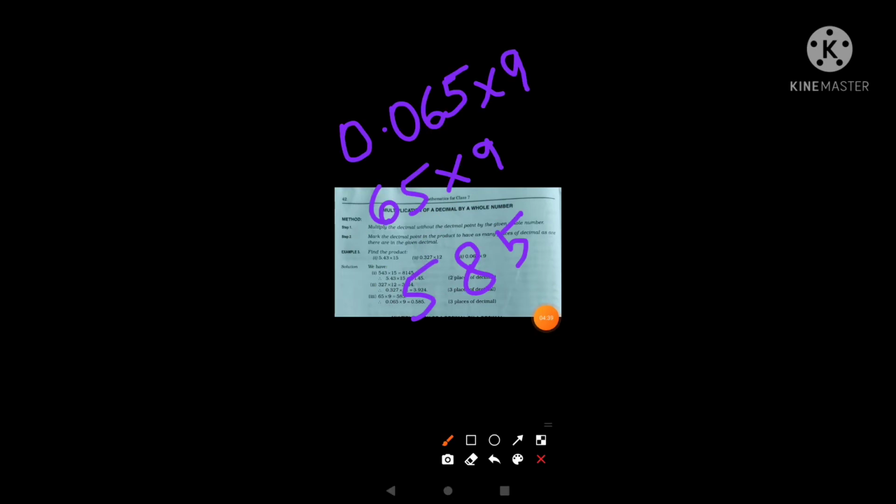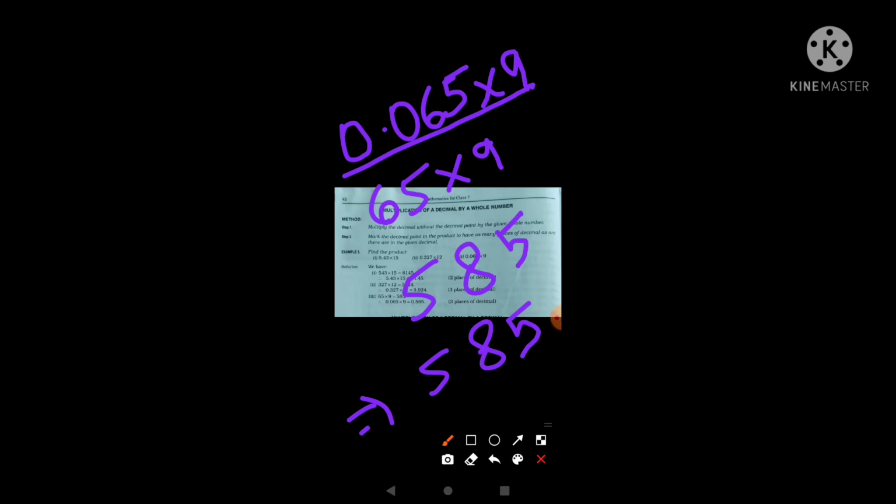Here see one more example, 0.065 into 9. So when we multiply, first we will remove the decimal from the decimal number for a while. So it will become 65. When we multiply 65 into 9, it will be 585. So in the final answer, in the product, we will mark the decimal.